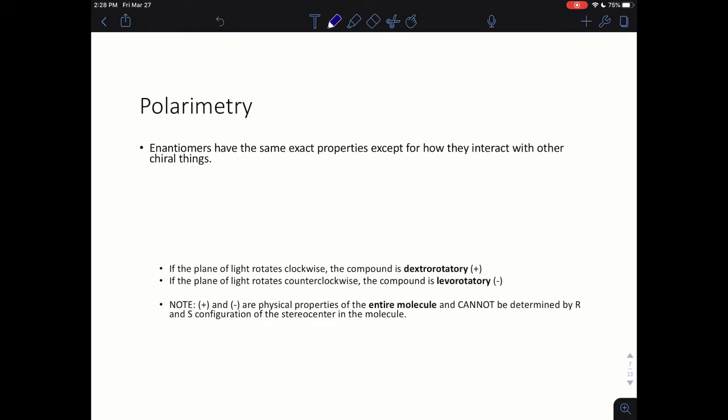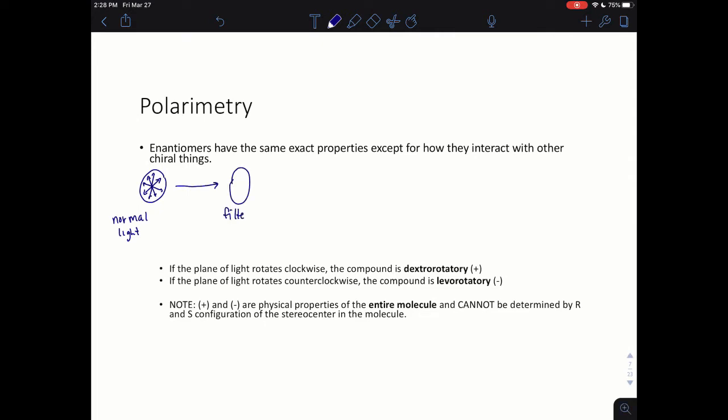If we just have light in the room around us, light is a wave. That wave can be aligned in all different directions. So if I take a slice of light in the room, it's going to be aligned in all different directions. Now I could take that light and run it through a filter, what's called a polarizer.